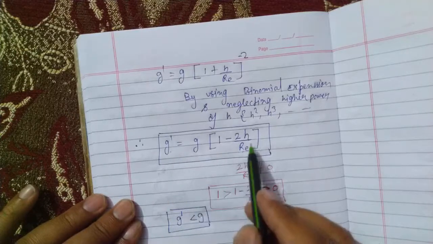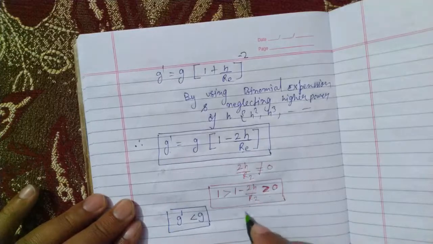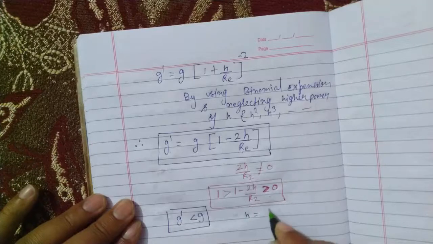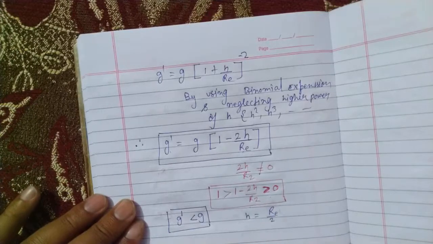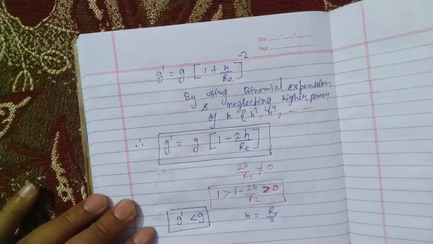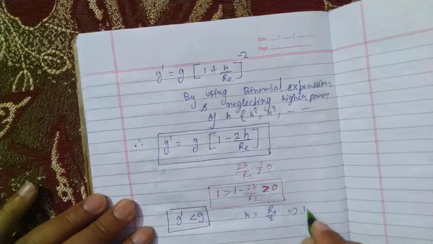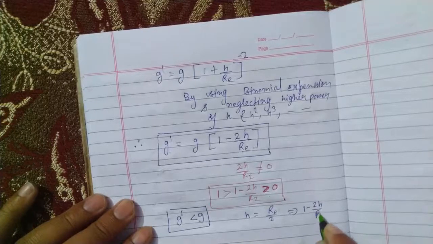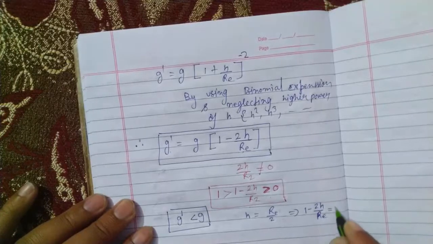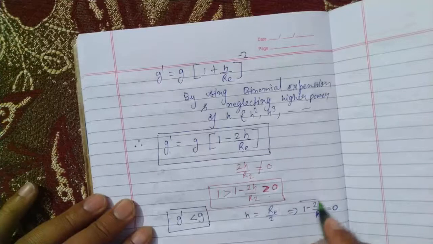For the value of h equal to half of RE, 1 minus 2h upon RE becomes 0.